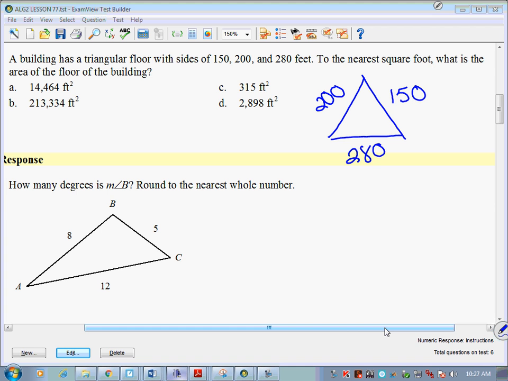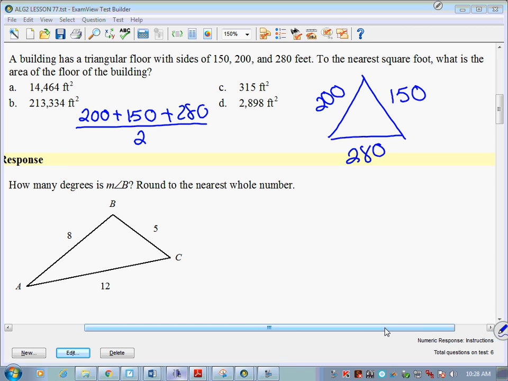What's the first thing I need to solve for? S. How do I solve for S, Lexi? All right, so A plus B plus C divided by 2 would work also, right? So what am I adding up here? Okay, so 200 plus 150 plus 280 divided by 2, right?